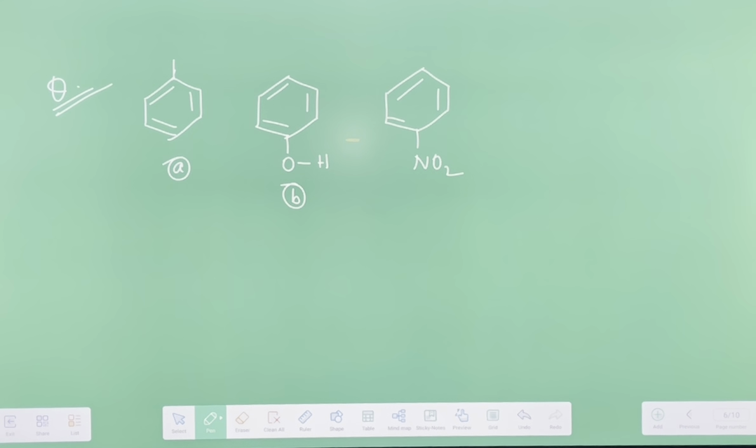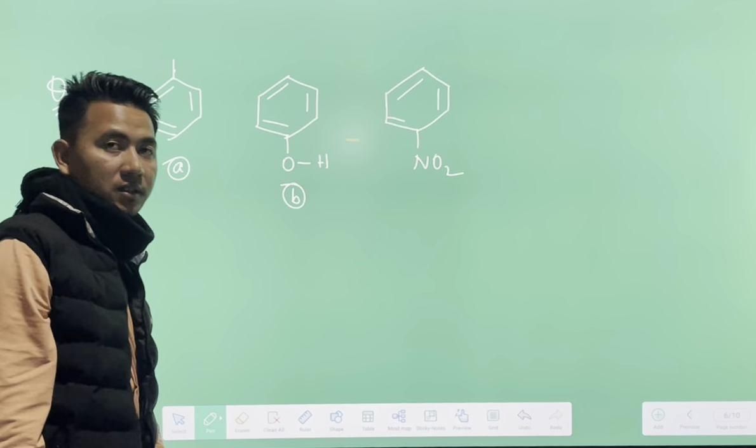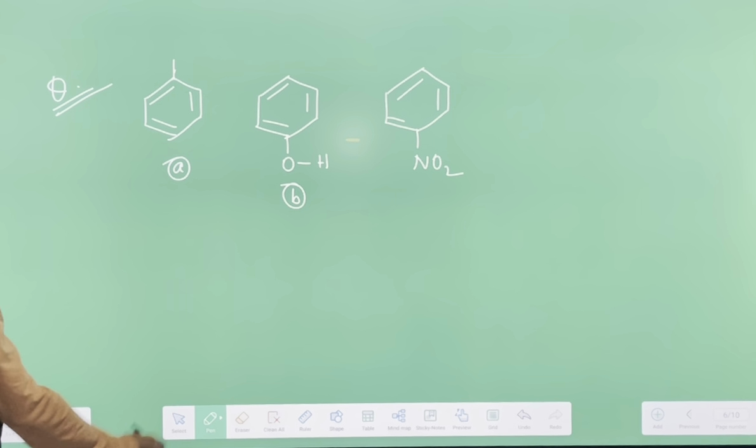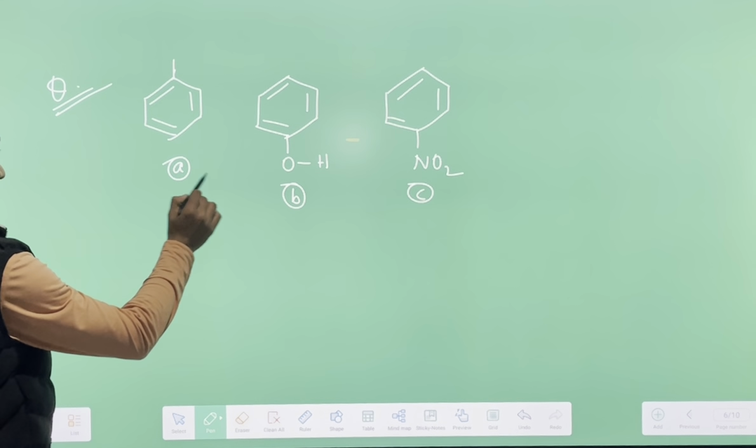Which one is the most stable? This is toluene, the phenol and the nitrobenzene. Which one is the most stable? The most stable is this phenol.